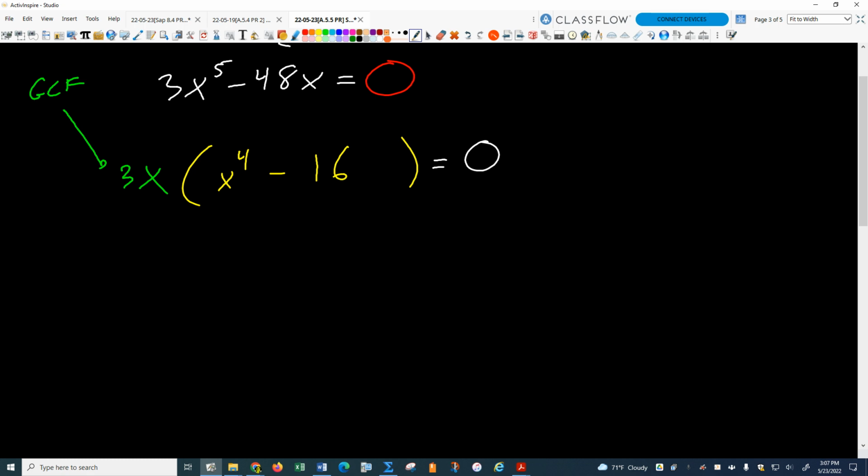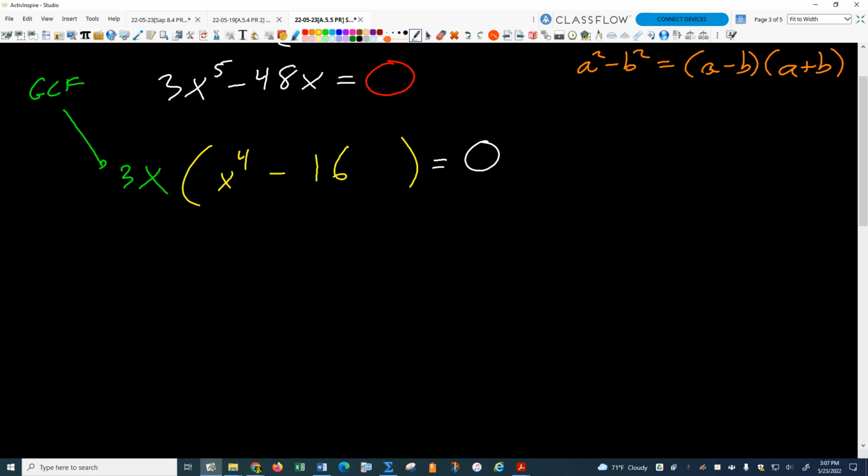Difference of squares pattern. A squared minus b squared equals what? Good. A minus b times a plus b. And this is like what squared minus what squared? Jordan, this is a difference of squares how?